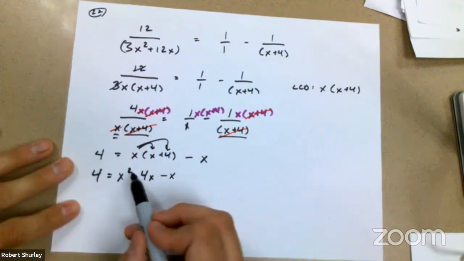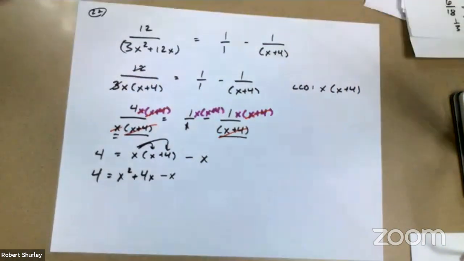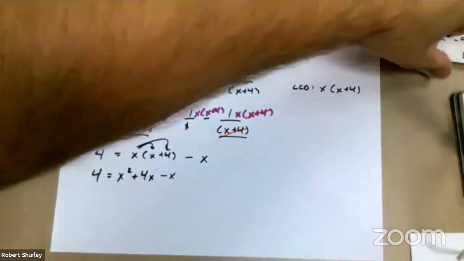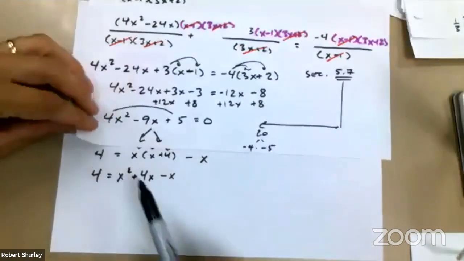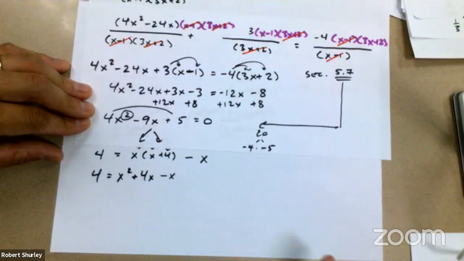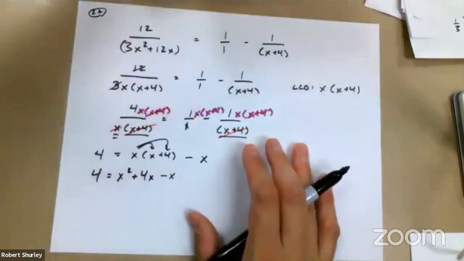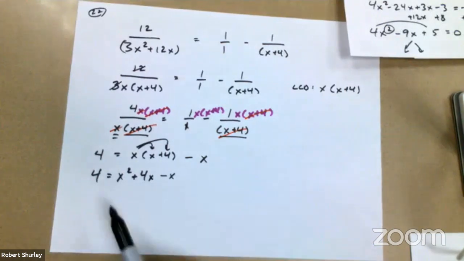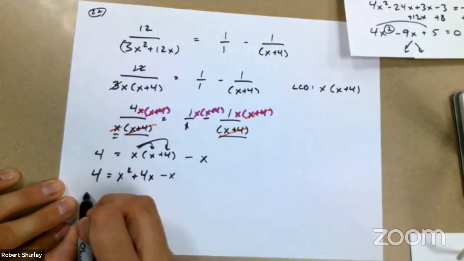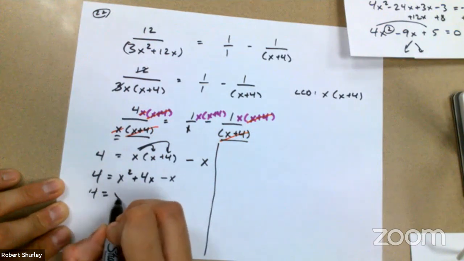Now look, I've got a squared term. Just like the last question, I'm left with an equation with a second degree polynomial. I'm going to have to factor this. Now, to solve by factoring, I've got to get 0 on one side. So let's clean it up. This will be 4 equals x squared.